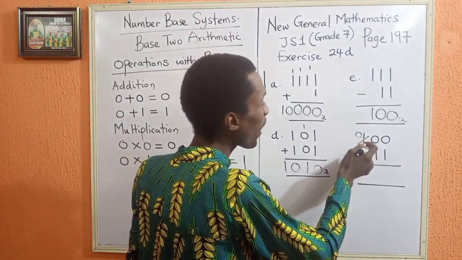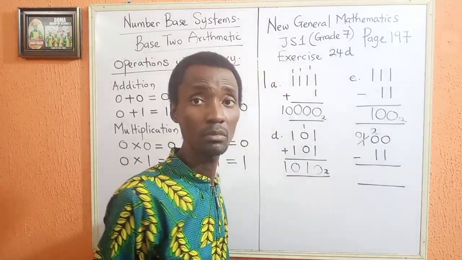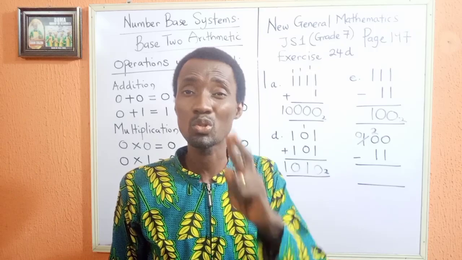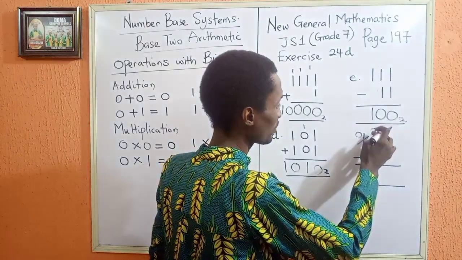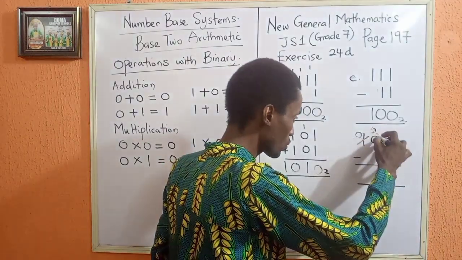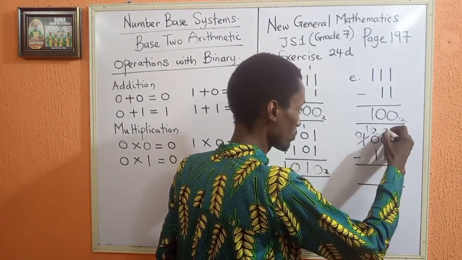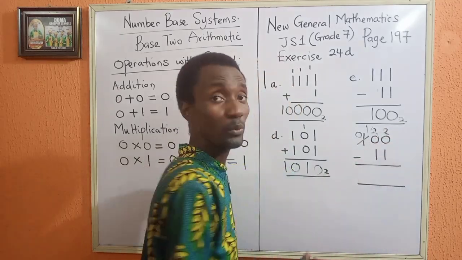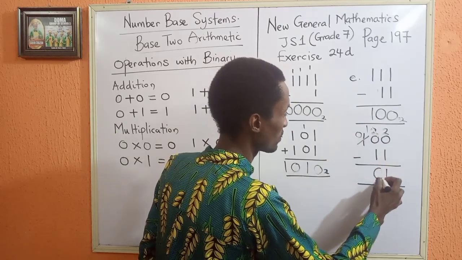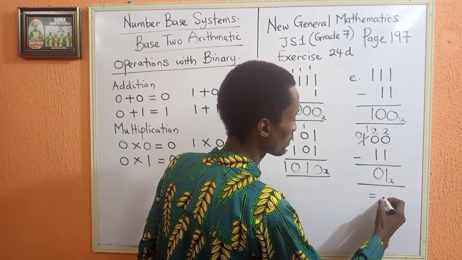When I borrow 1 from here, I have borrowed 2, because I'm dealing with base 2. Every one I borrow is 2. But this is not where I want to use it first. I will take 1 from these 2 I borrowed, and I'll have 1 left here. And then I'll have 2 here. So 2 minus 1 will give me 1. And then 1 minus 1 will give me 0 base 2.